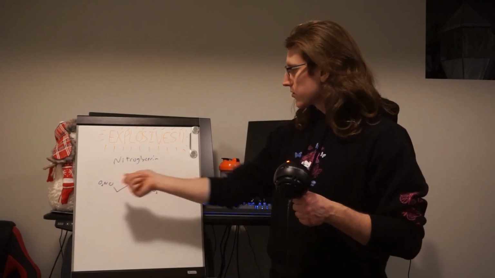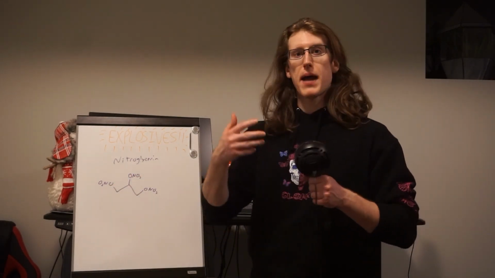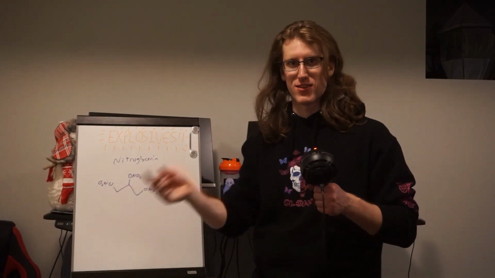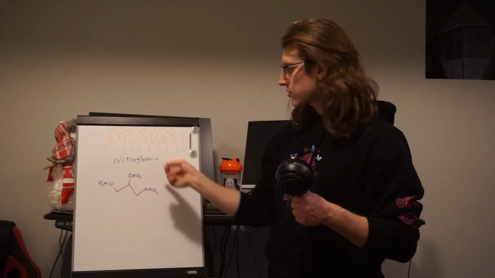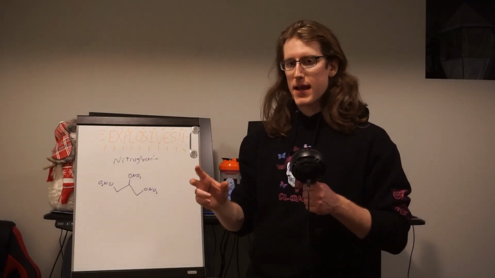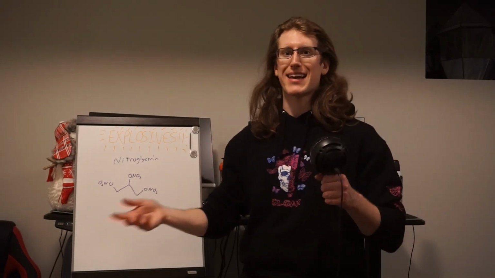Nitroglycerin is a very powerful explosive. It is much more powerful than TNT because there is more oxidizer. Also, because nitroglycerin is a smaller molecule, in the same amount of space you can pack in more molecules of nitroglycerin. So you get more bang for your buck.